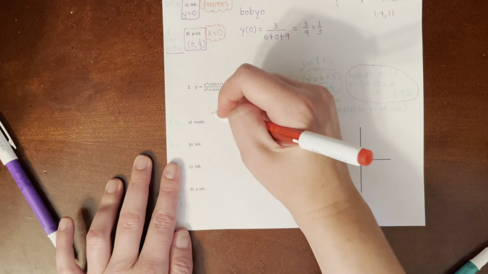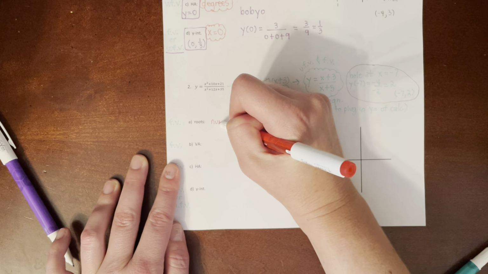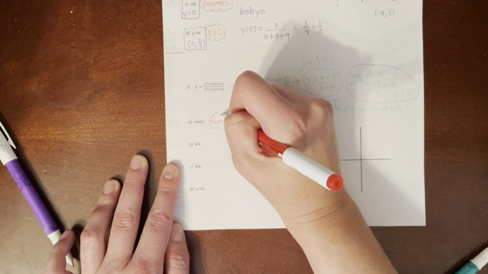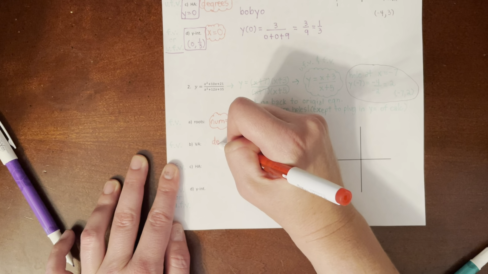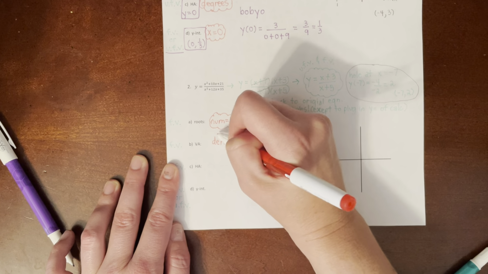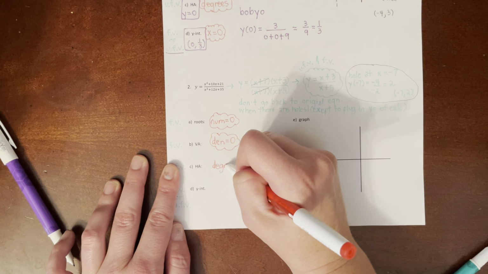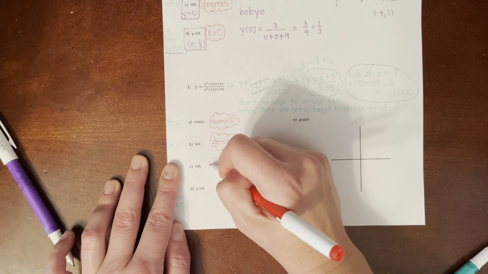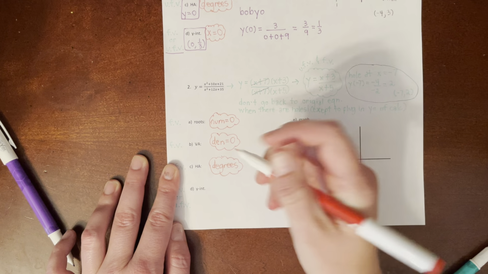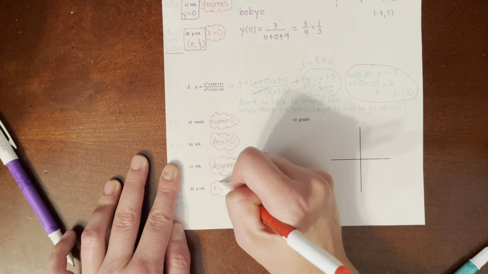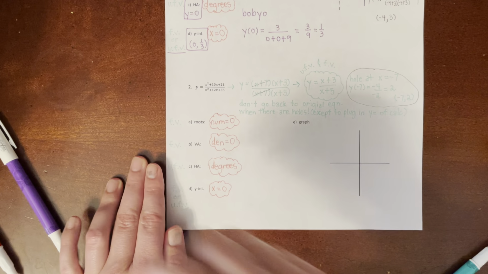Okay, so remember, roots come from where the numerator is equal to 0. The VA comes from where the denominator equals 0. The HA comes from looking at the degrees. And the y-intercept is where you plug in 0 for x. Okay, let's go to town.